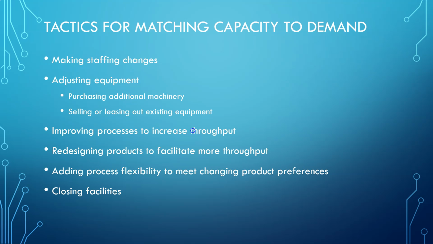When creating different product related processes, flexibility should be added to each process to meet any future change or any design changes. If the capacity still exceeds demand, the company can resort to the last option or tactic by closing some facilities.